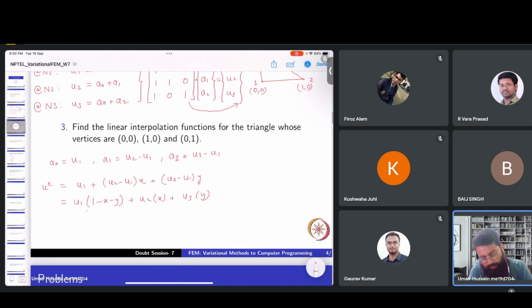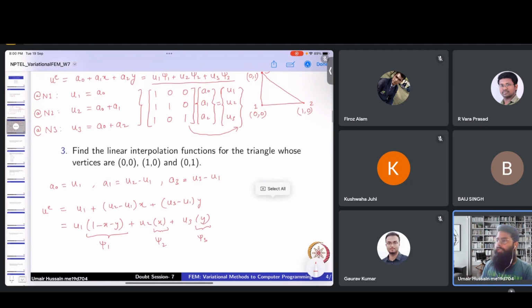So we have our approximation function psi1 as 1 minus x minus y, psi2 is x, and psi3 is y. This is how we get our approximation functions here.